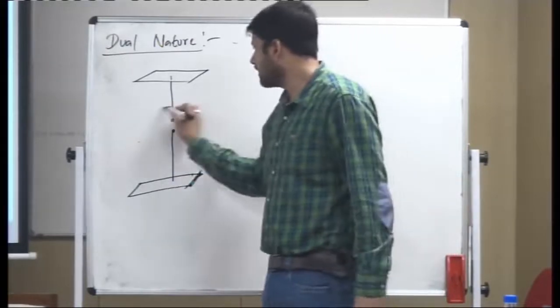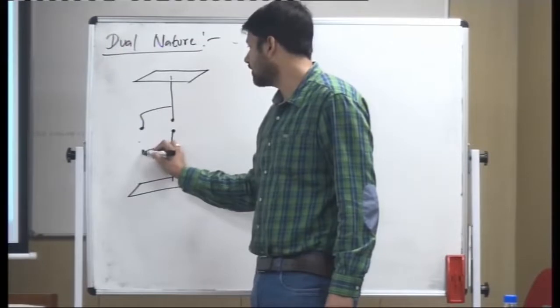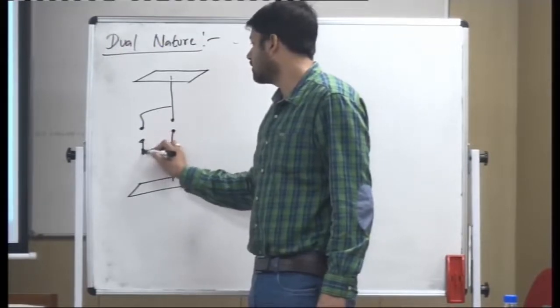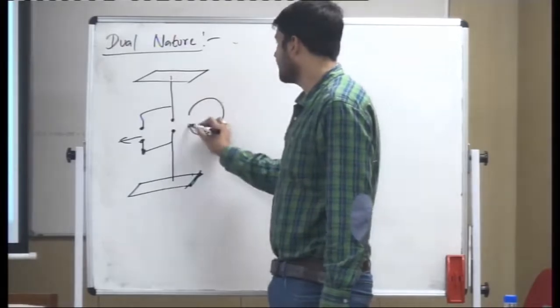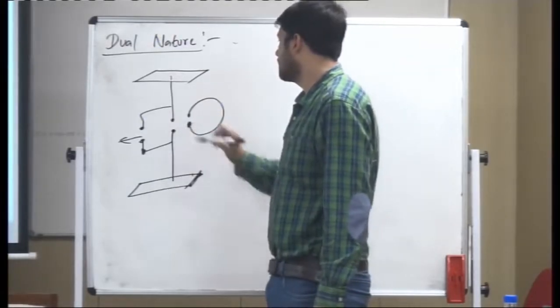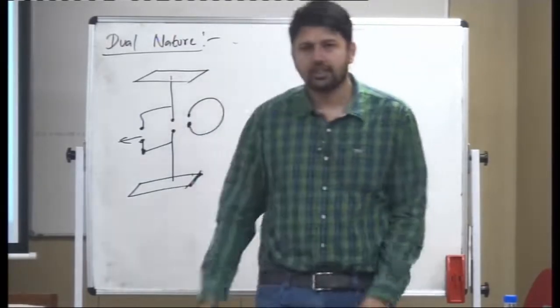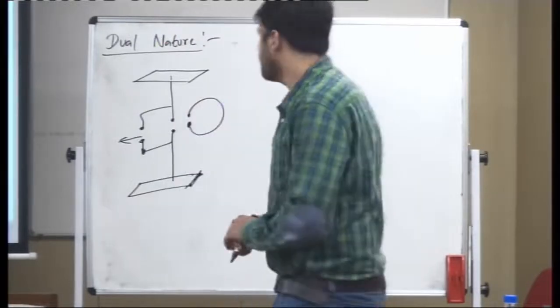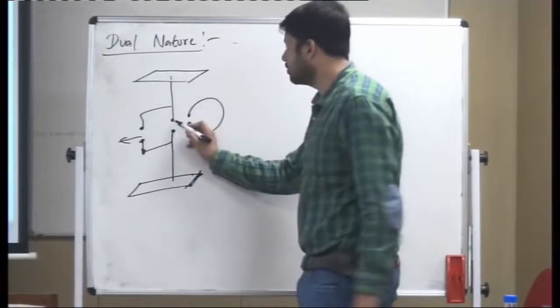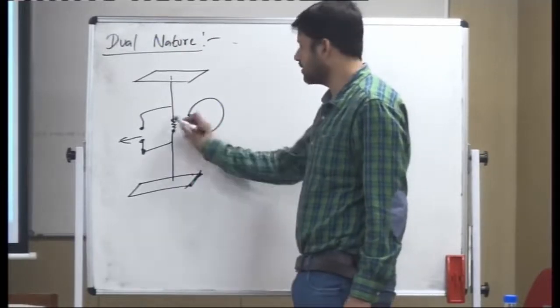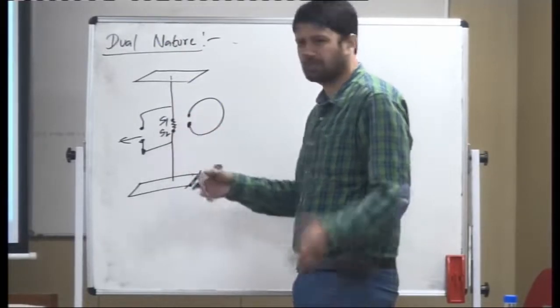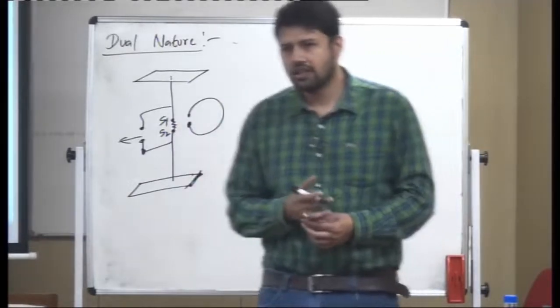Some induction coil was there. This connection was made to the induction coil, while here it was the detector. So if you remember, sparks used to jump across the two spheres from S1 to S2, or maybe from S2 to S1, doesn't matter.